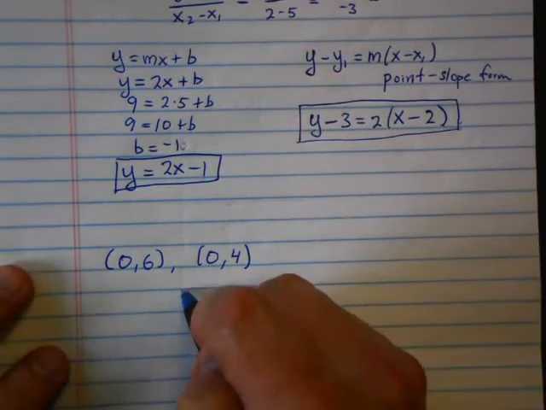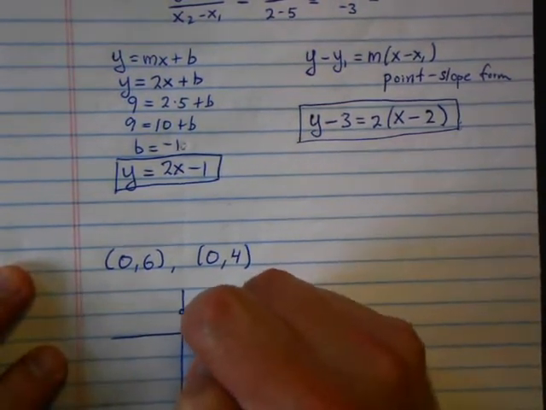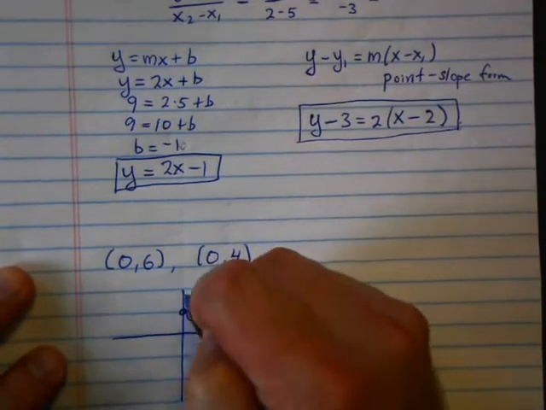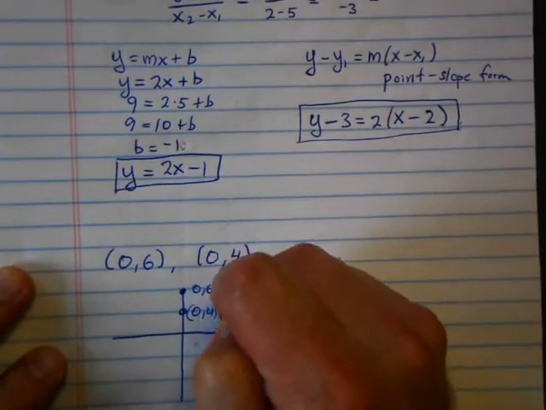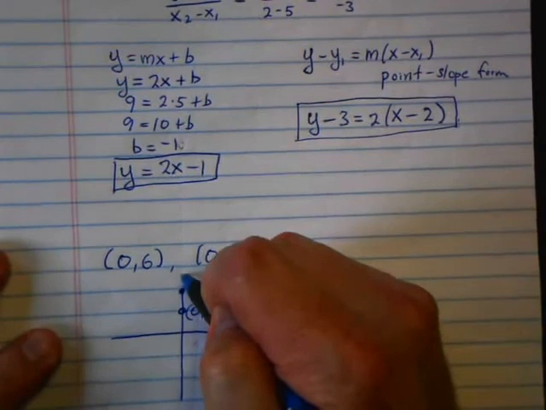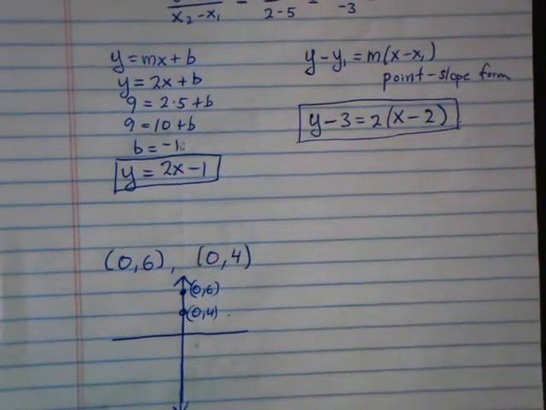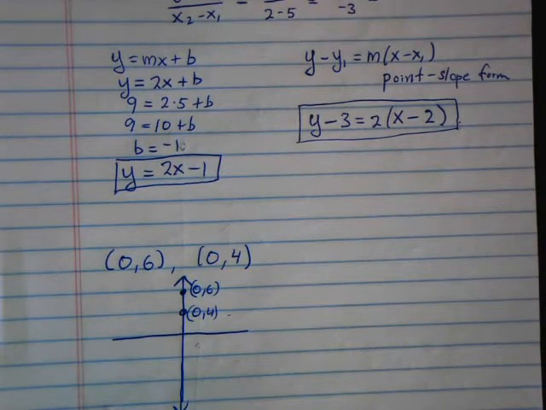It helps if you draw it. It happens to be the axis. You have the point 0, 4, and you have the point 0, 6. If you connect those two dots, what do you get? You get the y-axis. You get just a vertical line, don't you? So that's a special kind of line. So your line would look like that. Anybody happen to know the equation for that special line?